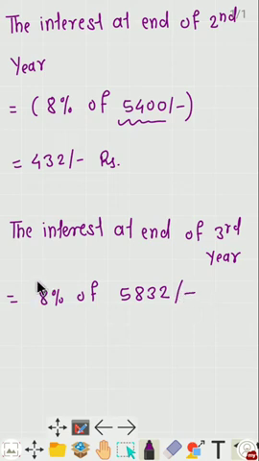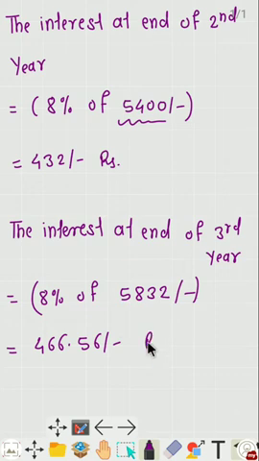So what is 8% of this amount? That amount will be 466.56 rupees. Okay, so this interest is called compound interest.